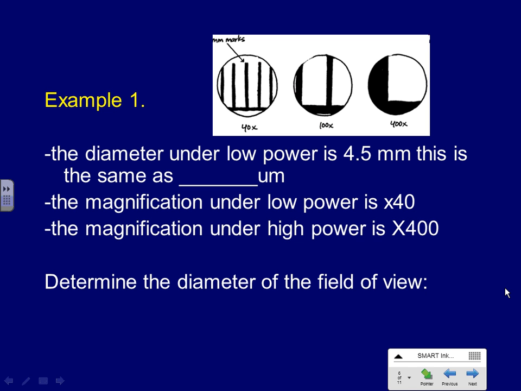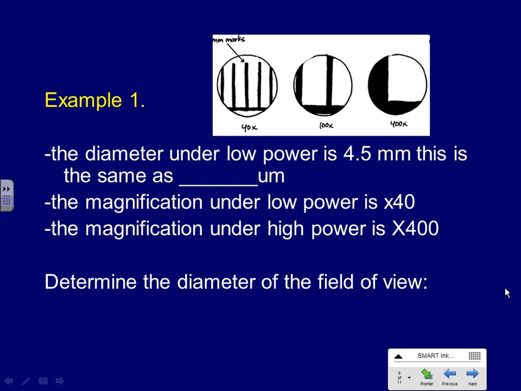And you can see there we can measure about 5 or 6 millimeters. I'm going to count it in a moment. But by the time we get to high, we can't even see 1 millimeter. We can't even see the entire millimeter mark. So we can't actually use a ruler to measure the field under high.